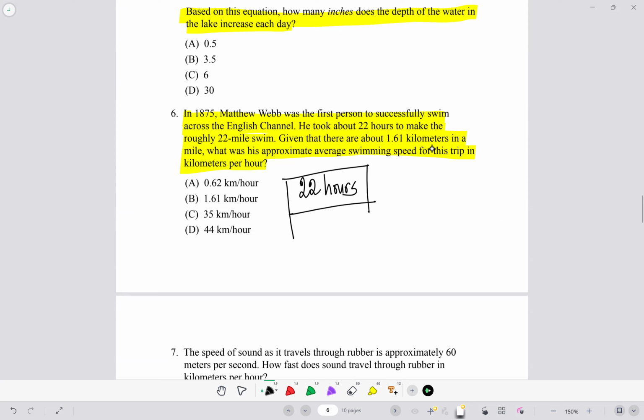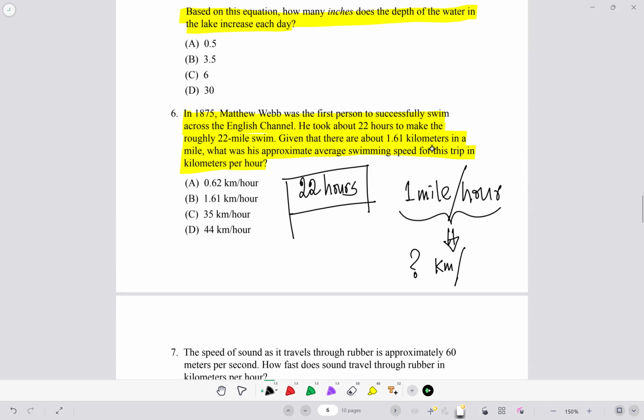So he took 22 hours to swim 22 miles. So he has swum 1 mile per hour. Am I correct? Yes. So you just need to convert 1 mile per hour into what?